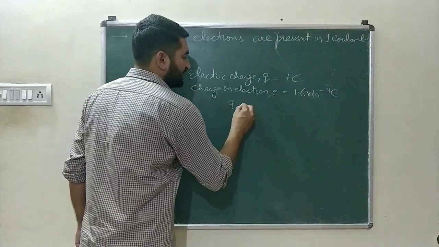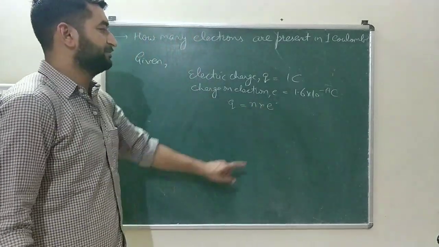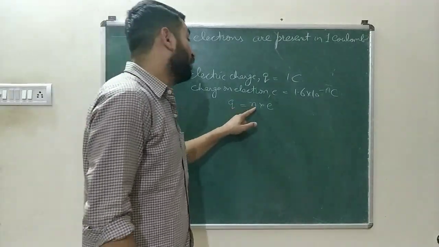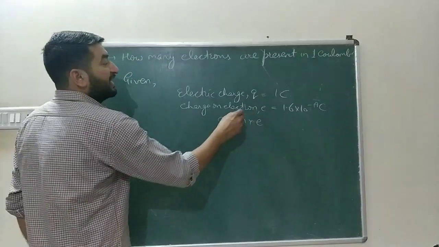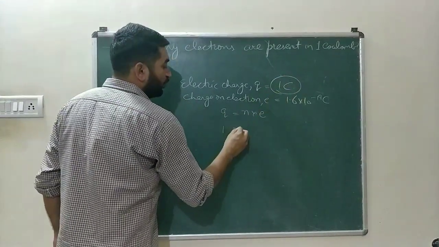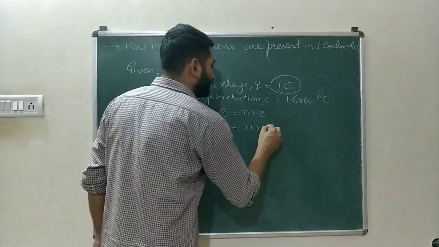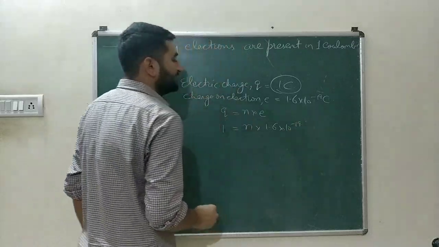According to quantization of charge, Q is equal to n into e. That is, charge on any object is equal to the whole number multiple of charge on an electron. So let's say the charge here is 1 coulomb. We put the value 1. Number of electrons we have to find, and electron charge is equal to 1.6 into 10 raised to the power minus 19.